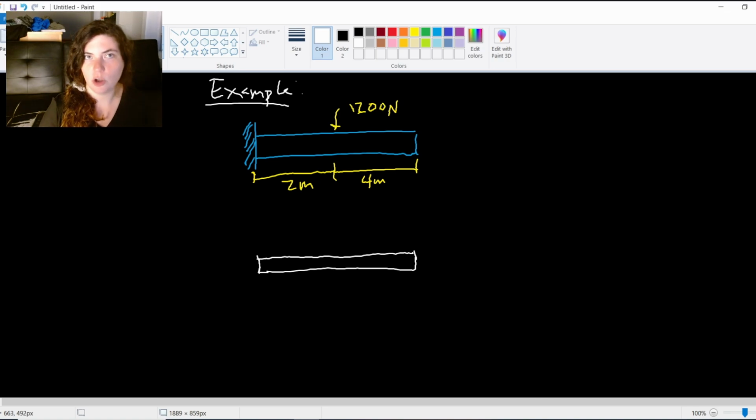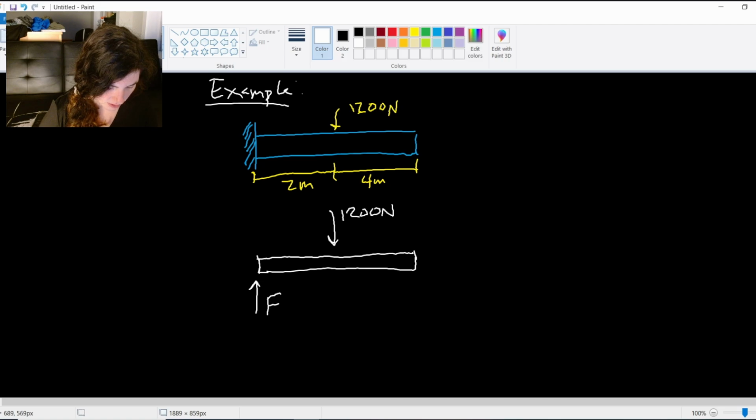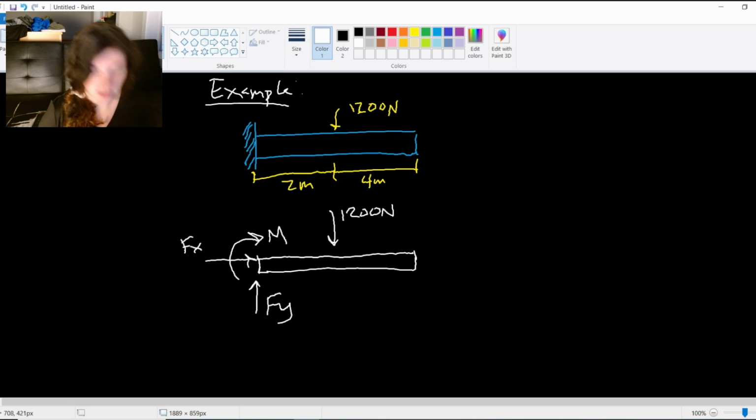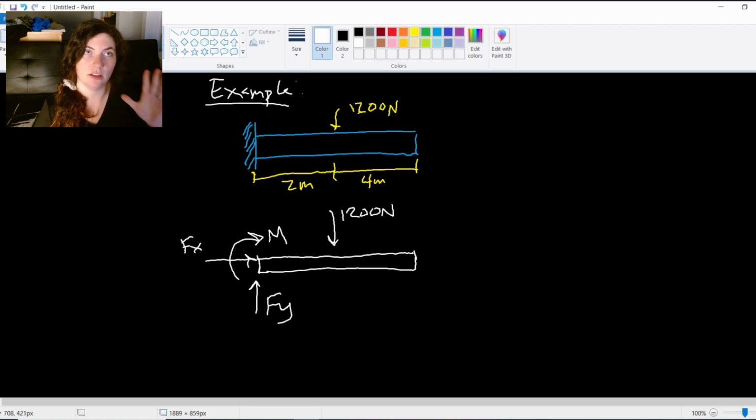Right, so now I'm just going to go in and add all of my forces. So of course I have this 1200 Newton applied force here. And now I want to make sure I capture my support reaction forces. So I have a force in the Y direction, a force in the X direction, and a moment, all on this free body diagram because it's a fixed connection on the left-hand side.